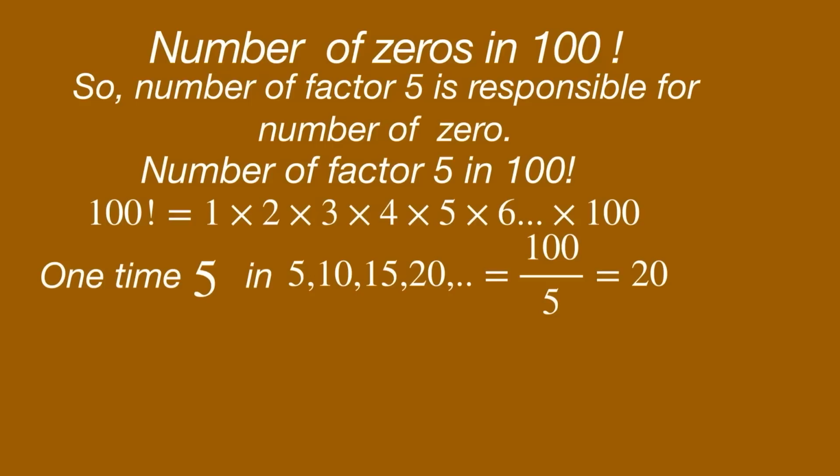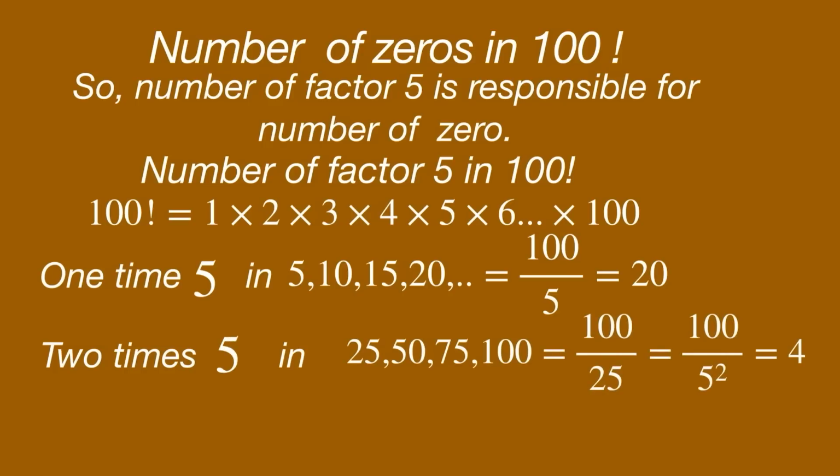So for numbers 25, 50, 75 and 100 there are 5 into 5 cases, that means two 5s. So two times 5 in the numbers 25, 50, 75 and 100, that is 4 such numbers between 1 to 100.